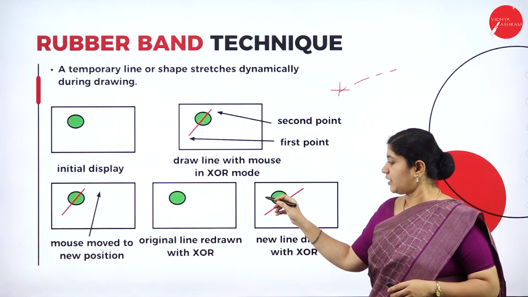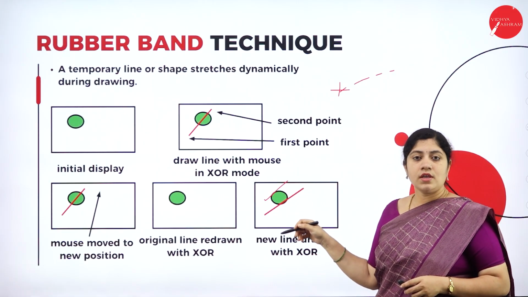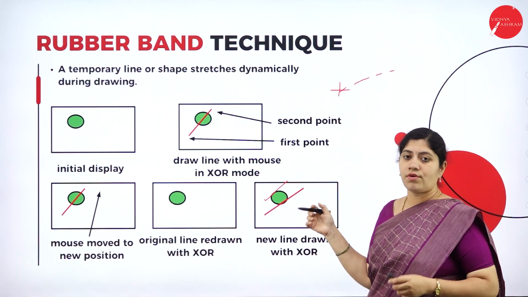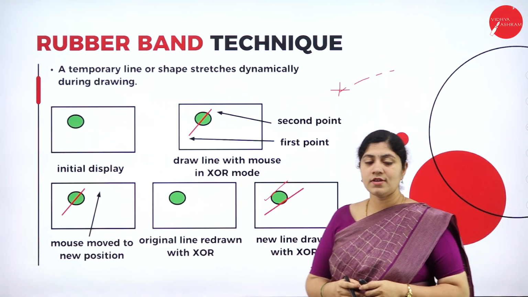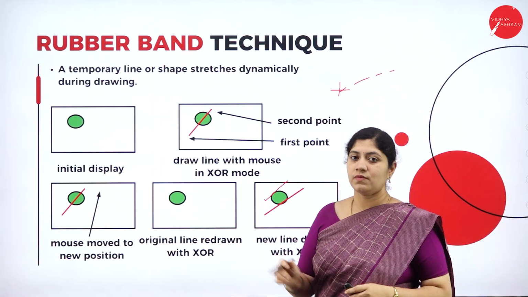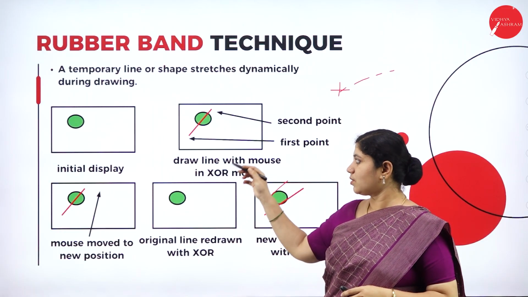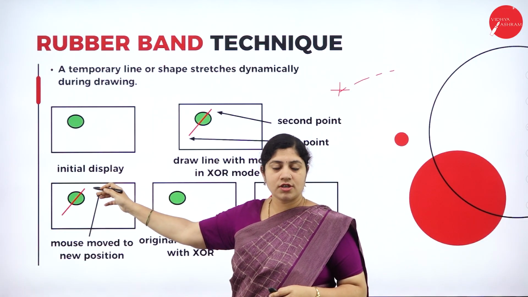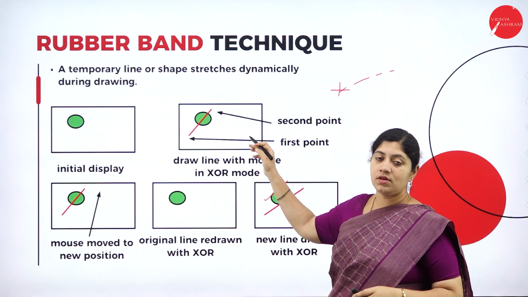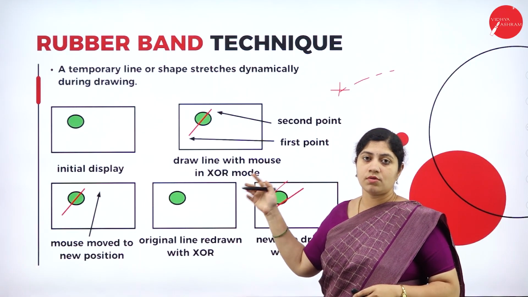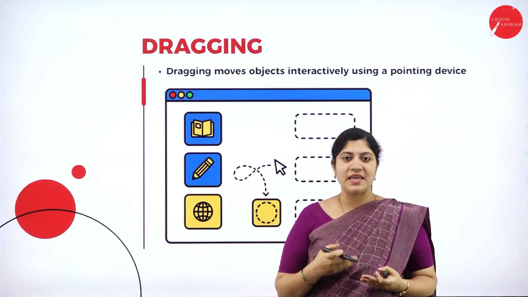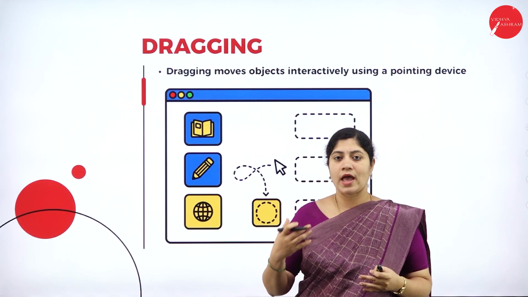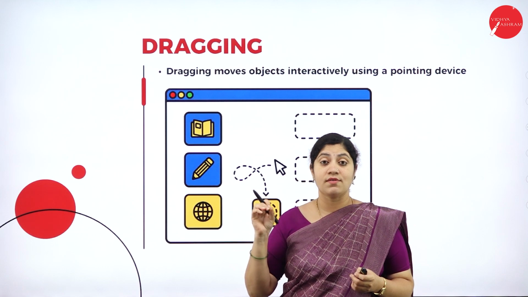Thus, we can finally see the image with a line drawn in XOR mode. So this is the rubber band technique. And remember, whenever it is asked, please draw a diagram with the initial display at least and with a new line being drawn with a first and second point. The next operation that can be expected after zooming and panning is none other than dragging.